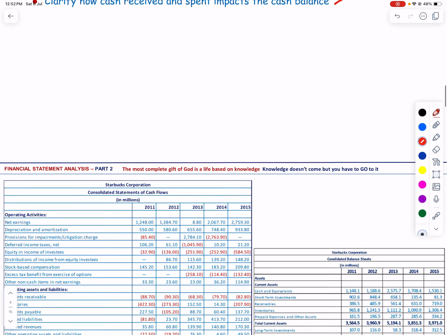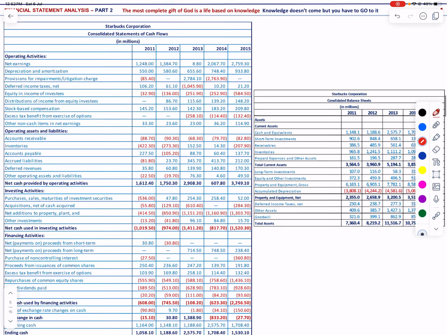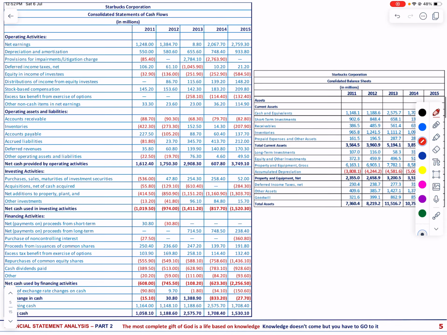Let us look into the Starbucks cash flow statement. Now, in the year 2015, Starbucks generated 3,749 million from operations. They invested 1,520 million and obtained 2,257 million from financing activities, resulting in a net cash decrease of 28 million.